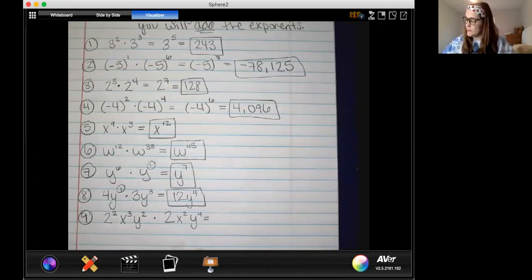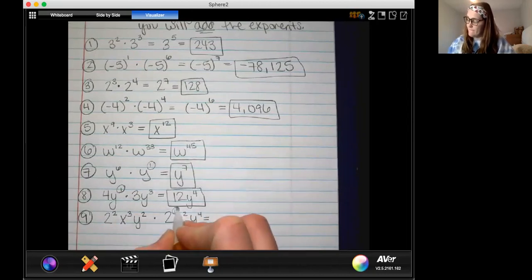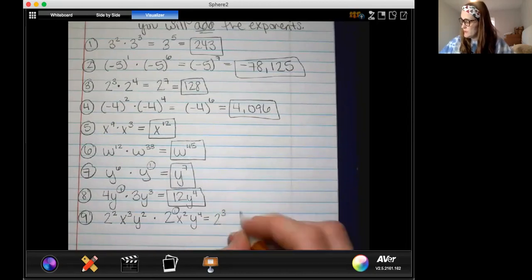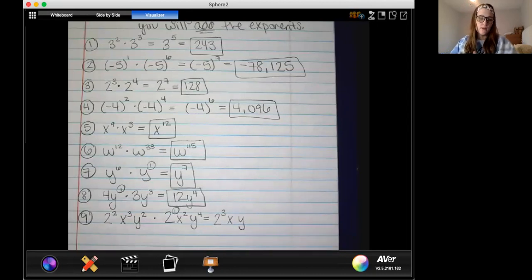So 2 squared, this is really 2 to that first power. So we get 2 to the 3rd. Then what are my x and y going to be? X to the what? Y to the what? X to the 6th.